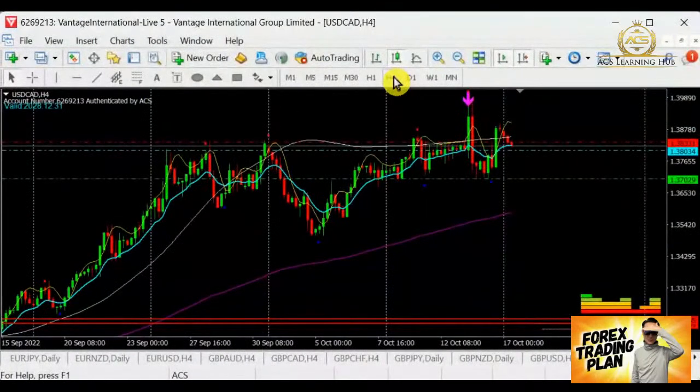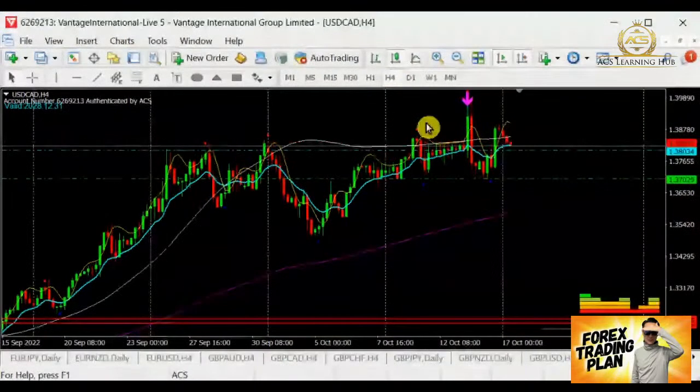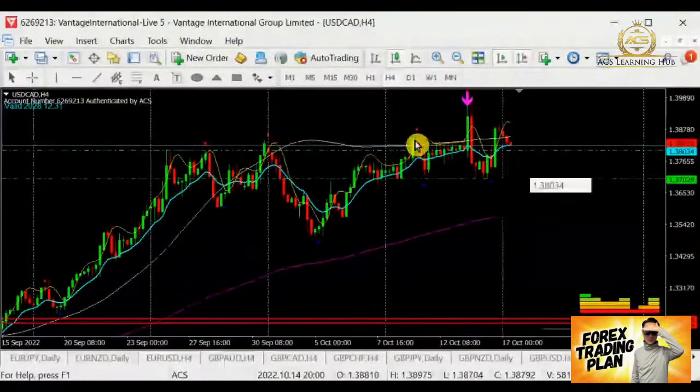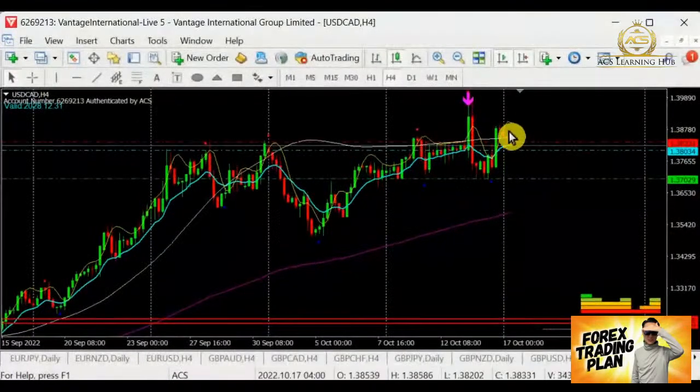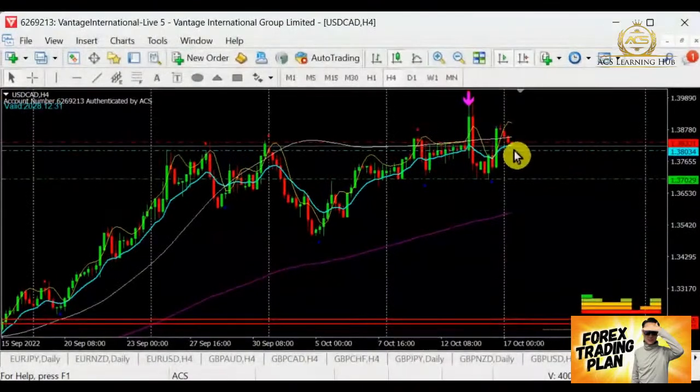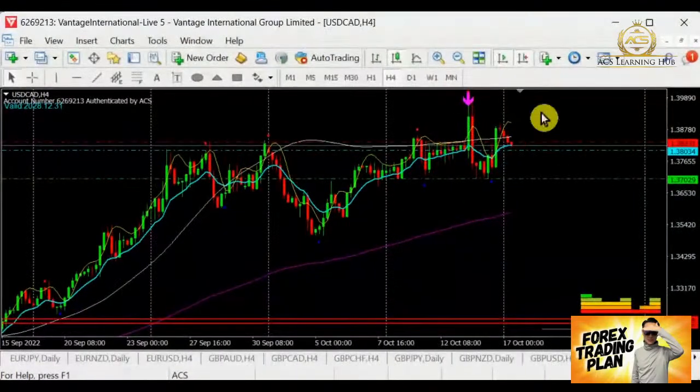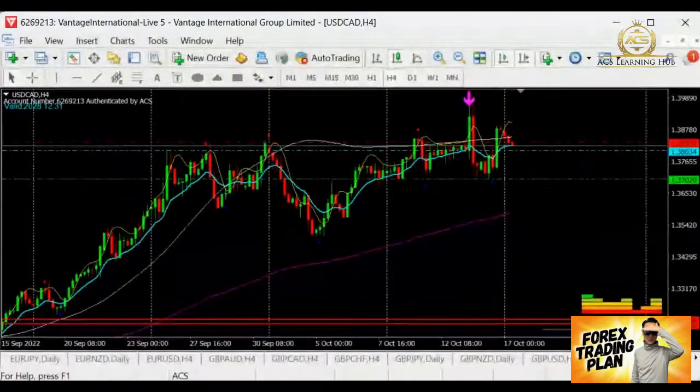So there's no transition or change of the trend yet. Currently, I see all these as pullback. So we are also in this area here, and there may be another round of buying to set up a higher support over here. So tentatively, I'm going to stay away from dollar CAD as well.